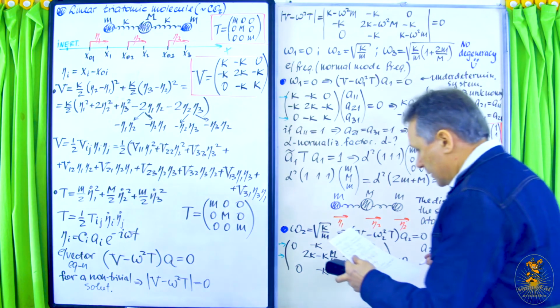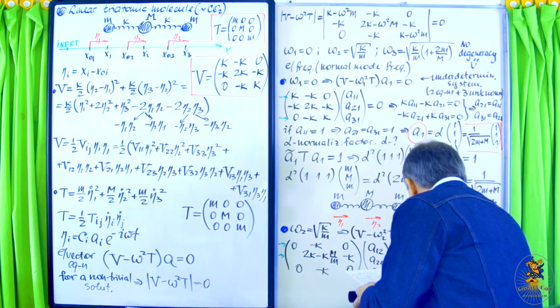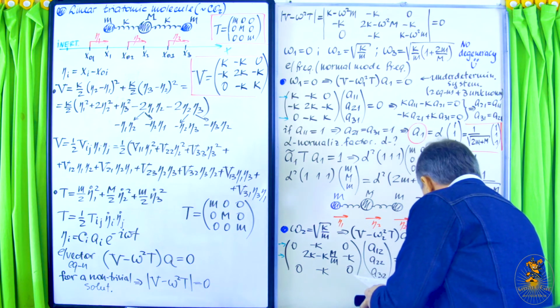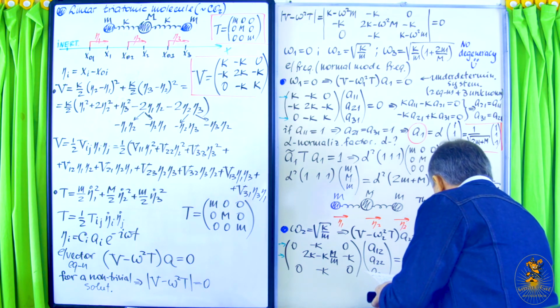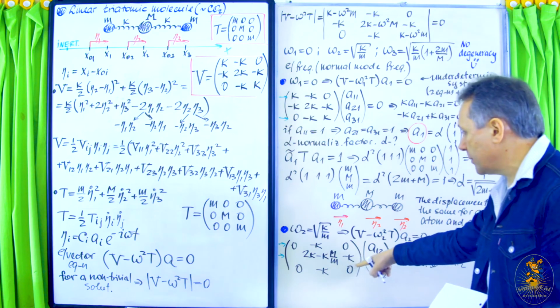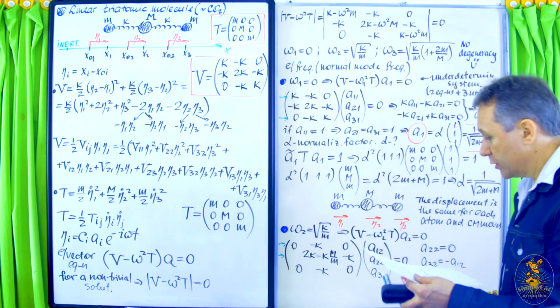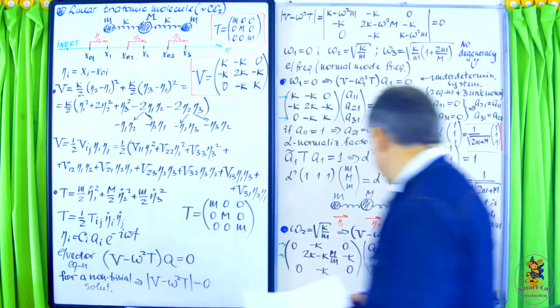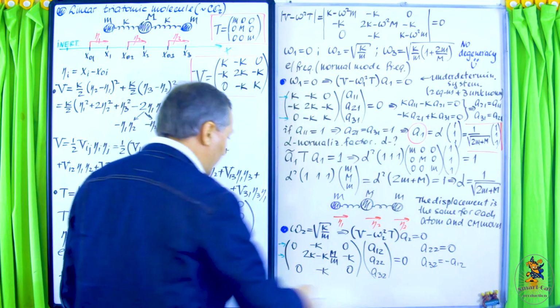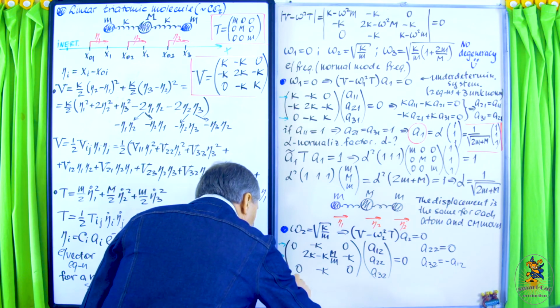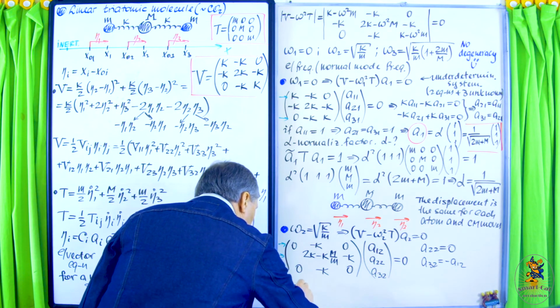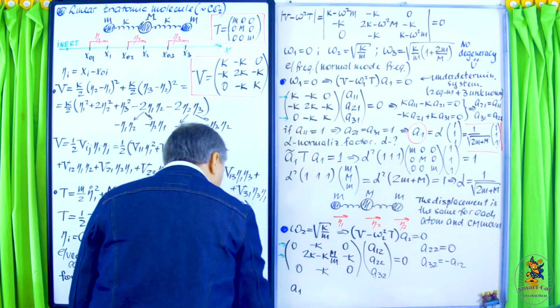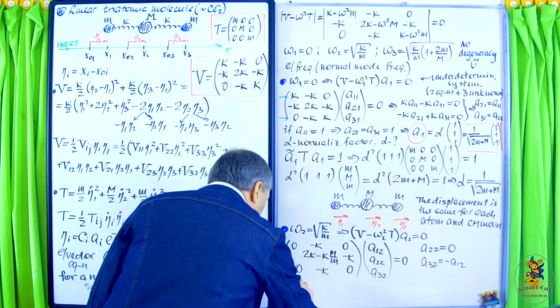And A32 equals minus A12. Again, that can be obtained from the second equation. So if A12 equals 1, you can write down the second eigenvector. Oh, it's the second eigenvector, not the first one.